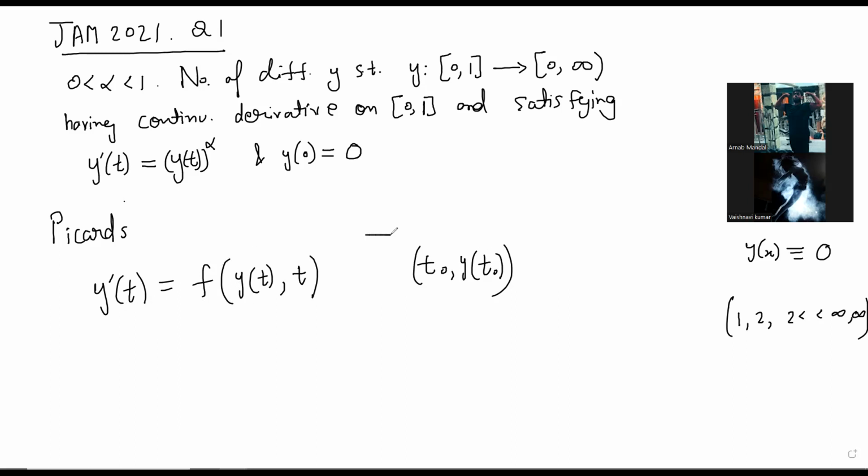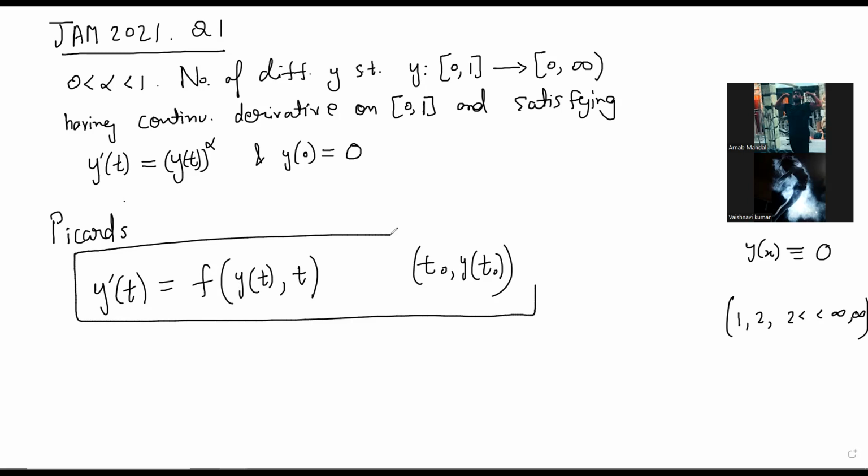Is this setup clear? This is an initial value problem, and y' and the initial t satisfy this relation where f is some function. In our case, f(u, v) is u to the alpha.